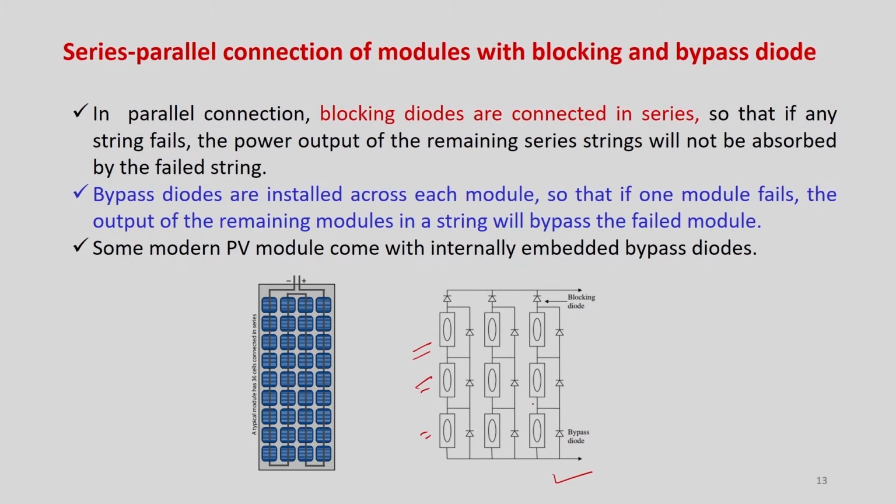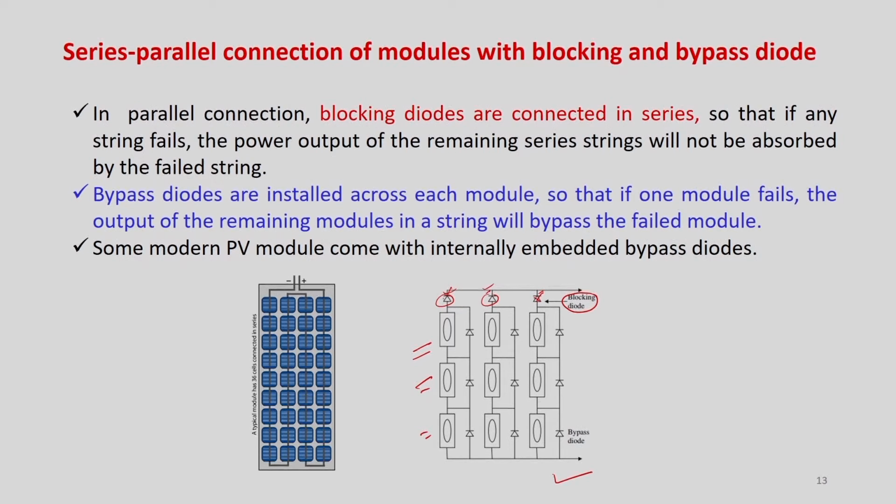So in parallel connections, these are the blocking diodes, normally installed in all strings, okay, so that if any of the strings fails, the power output of the remaining strings will not be absorbed by the failed string. So if this one fails, the other two will still be working, something like that.